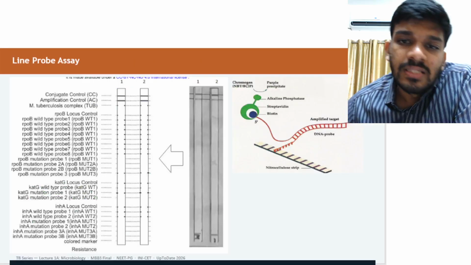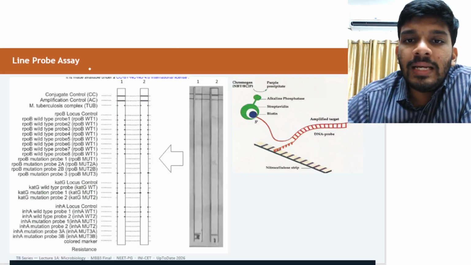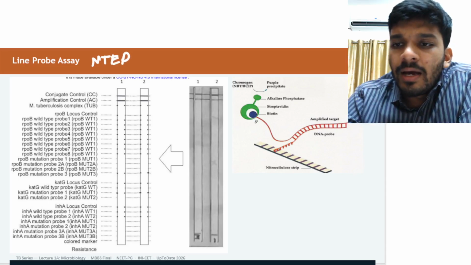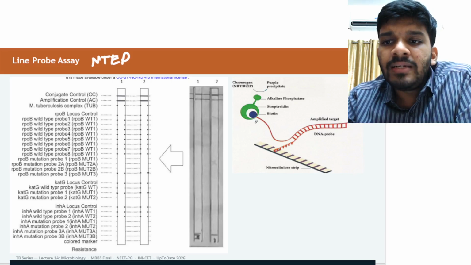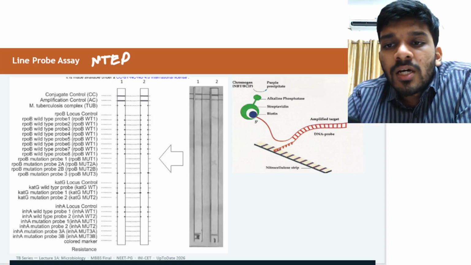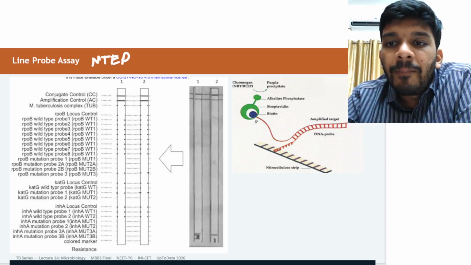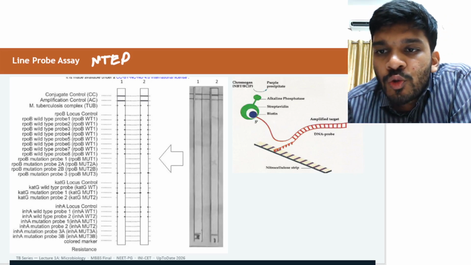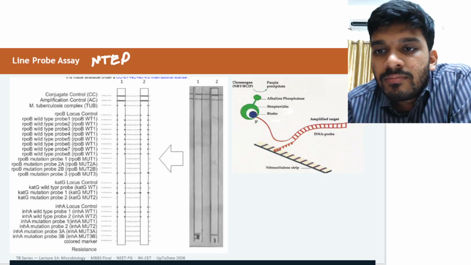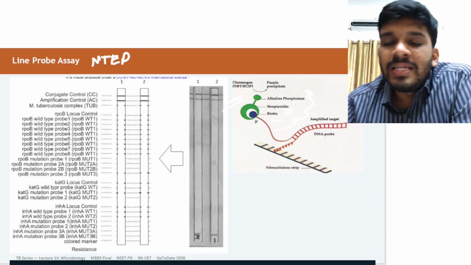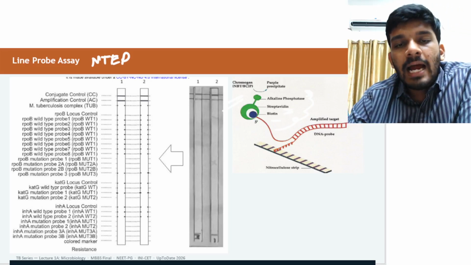Now this is the line probe assay. This is what is commonly used in our NTEP, and I just wanted to show you what it looks like. There are multiple amplified targets and they have respective DNA probes, and it uses a chromogen which turns into a purple precipitate, attached through biotin, streptavidin, alkaline phosphatase, all these molecules. One chromogen is attached to the target and probe.